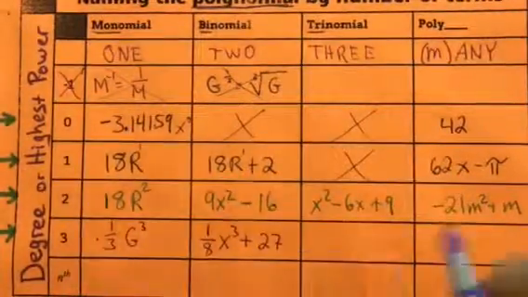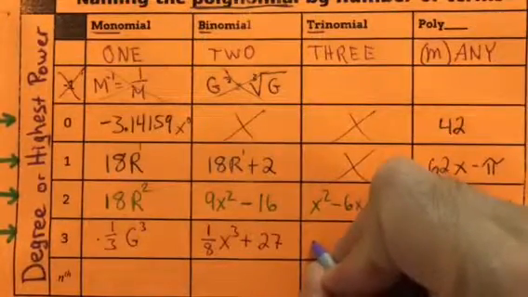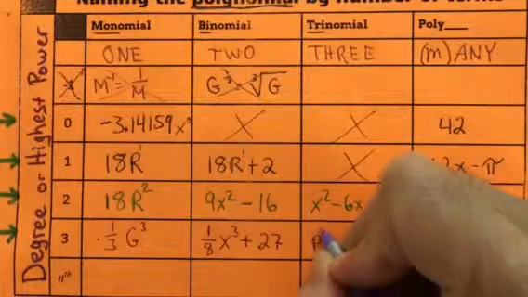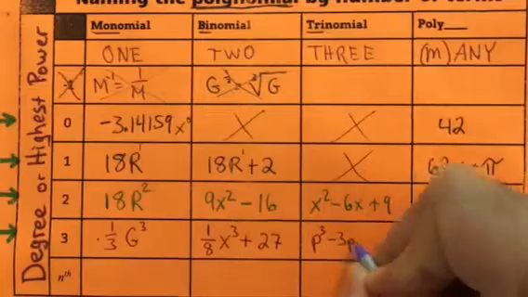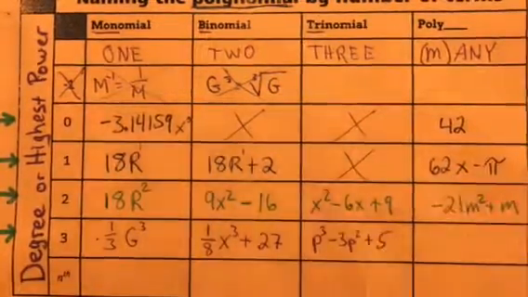Now, a trinomial, degree 3. I got lots of options. I can say p cubed minus 3p squared plus 5.